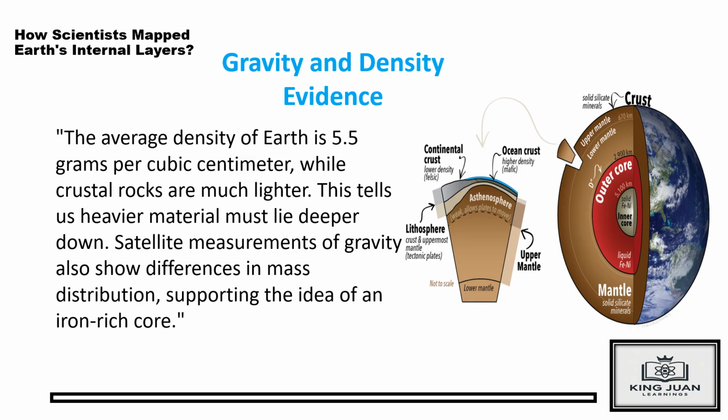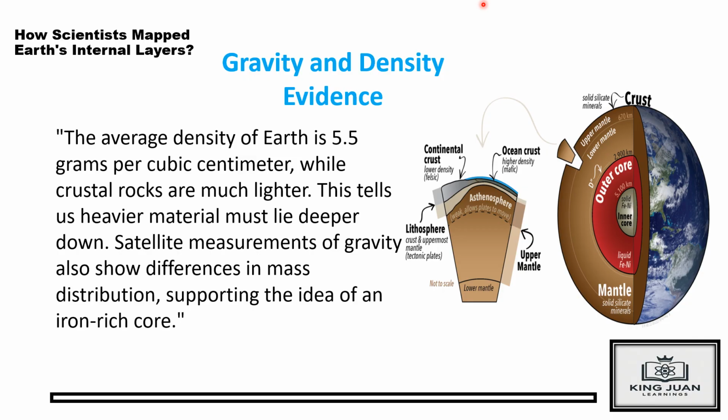The next evidence is called the gravity and density evidence. Gravity and density provide key evidence for the layered structure of the Earth's interior. The fact that the Earth's average density, 5.5 grams per cubic centimeter, is higher than the density of the surface rocks, combined with the principle that gravity pulls denser materials toward the center, suggests the existence of a denser core.